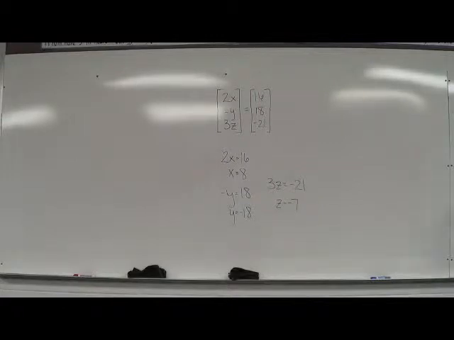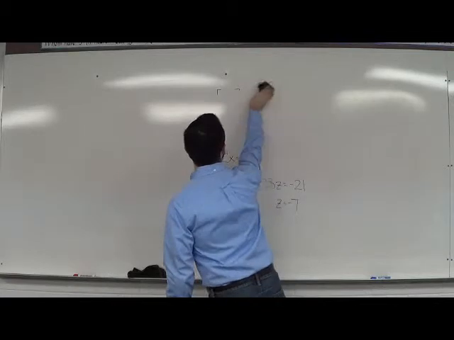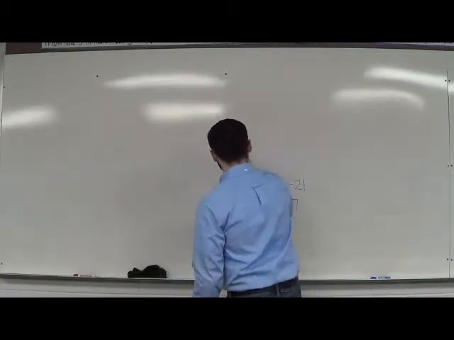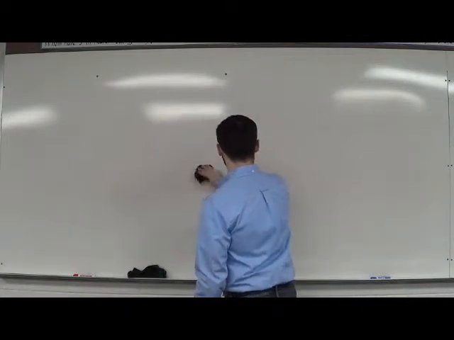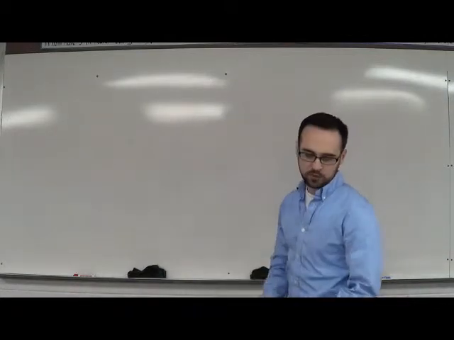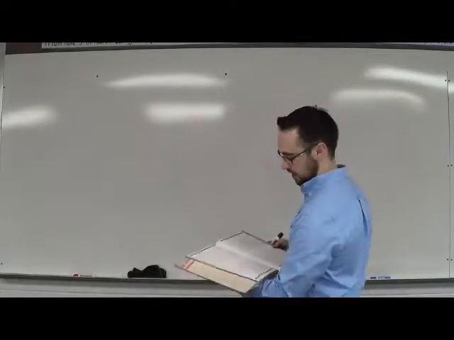Section 2 is where we start to incorporate some of our operations with matrices. So I'm just going to give you a few examples of those. So for this first one, we're going to be subtracting.